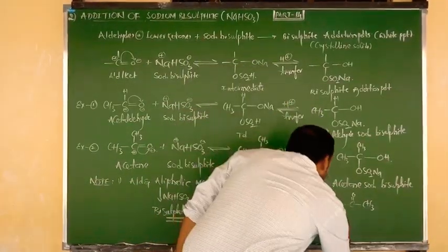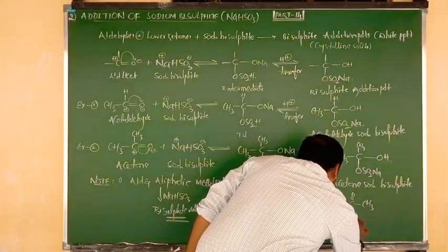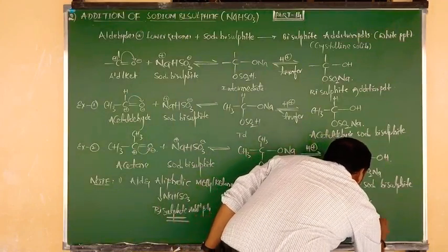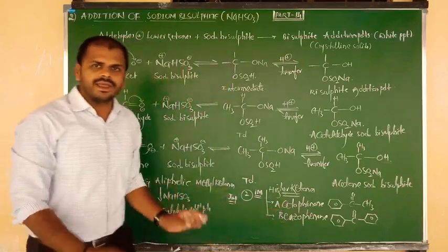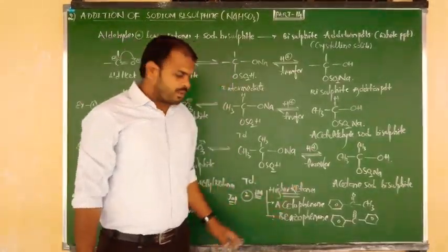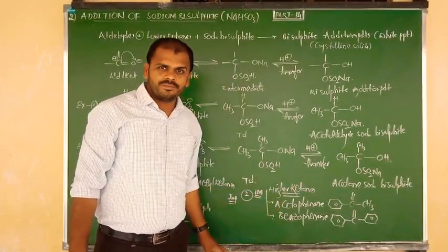What is the structure of benzophenone? We take two benzene rings, and between the two benzene rings is the C double bond O group. So the higher ketone examples are acetophenone and benzophenone.